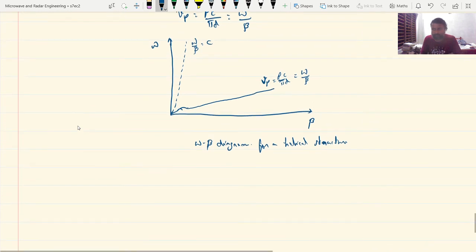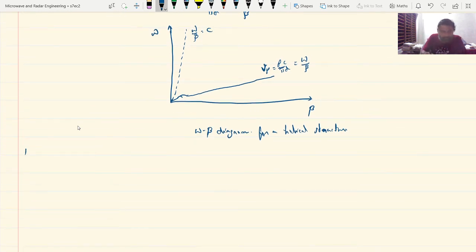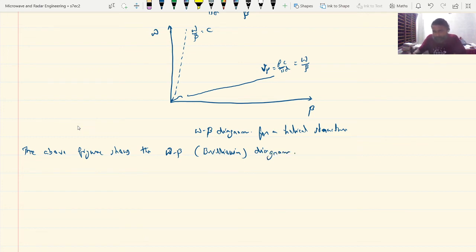The above figure shows the omega beta diagram, which is called the Brillouin diagram for a helical slow wave structure.